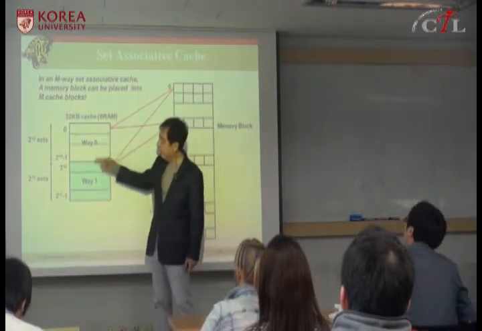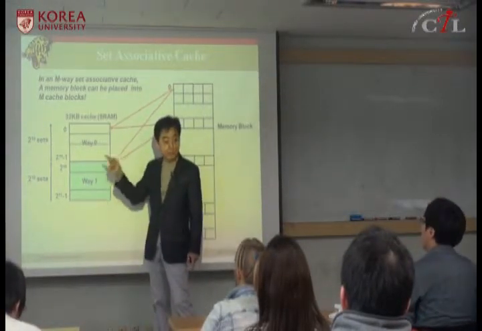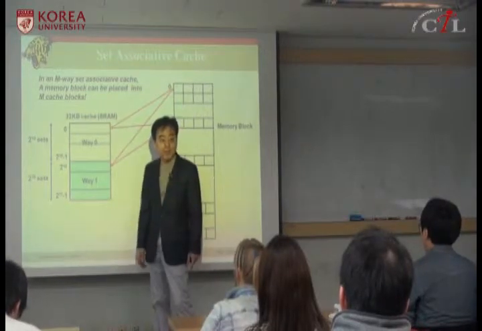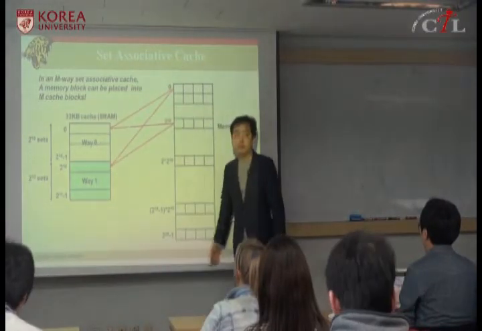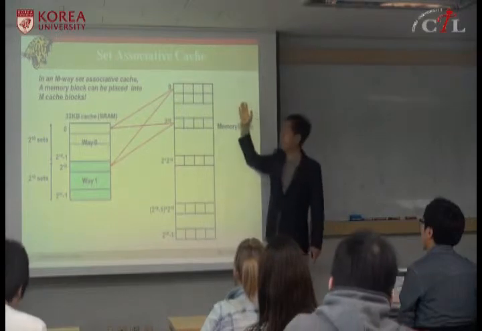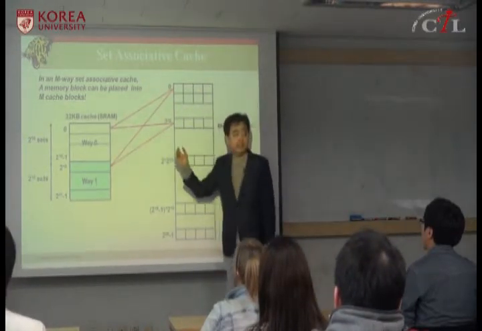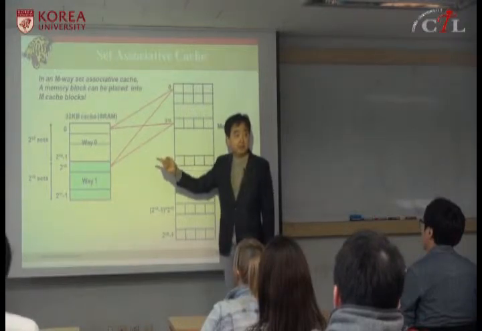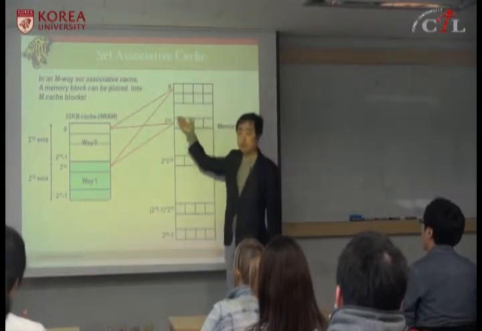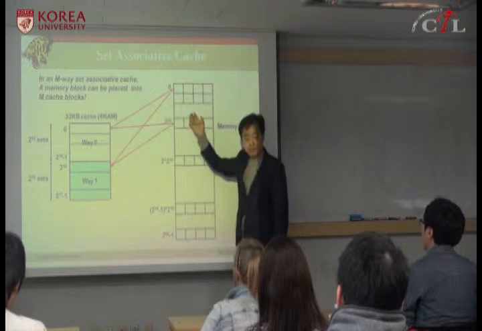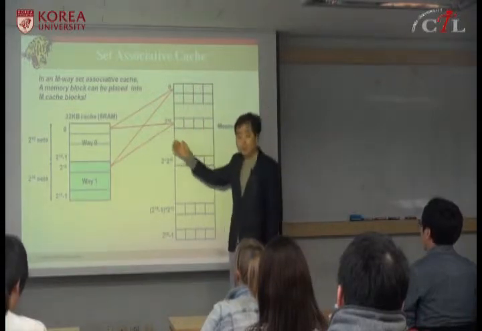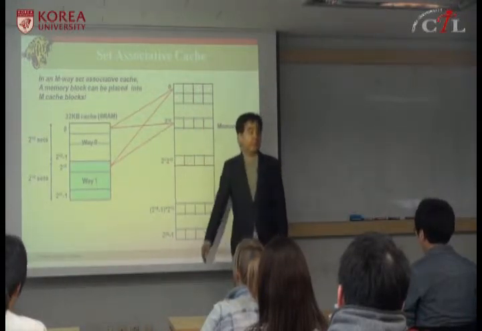In each bank you have one location you can go to. Okay? And then for the memory, you divide this memory into cache bank size. So bank size is 1024. So you divide into 1024 blocks, second 1024, third 1024, and so on.